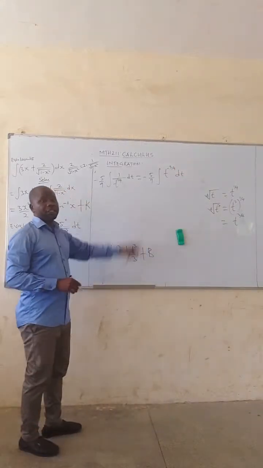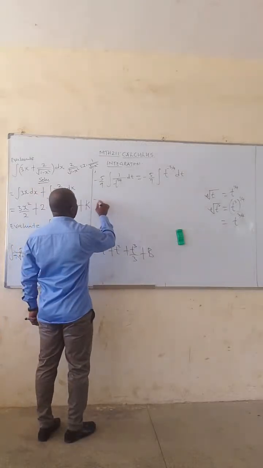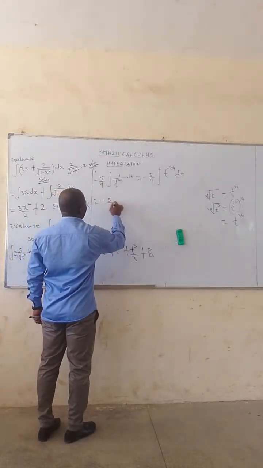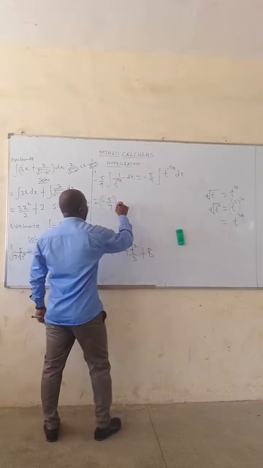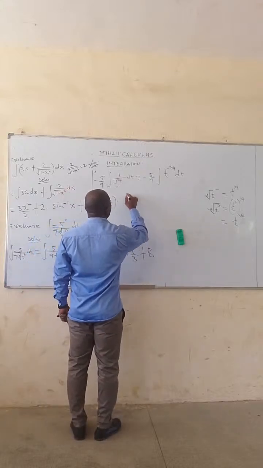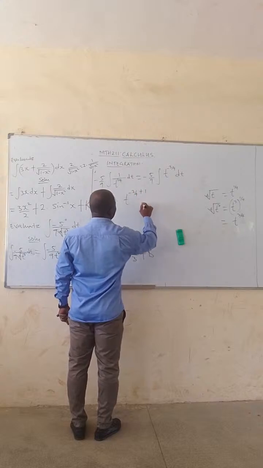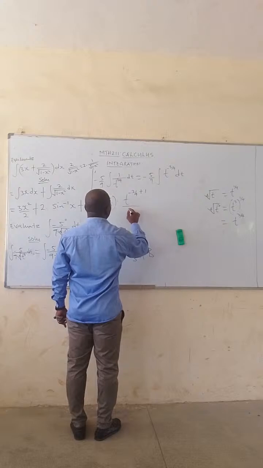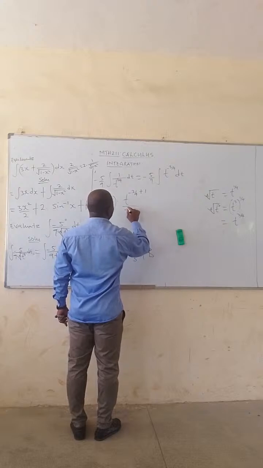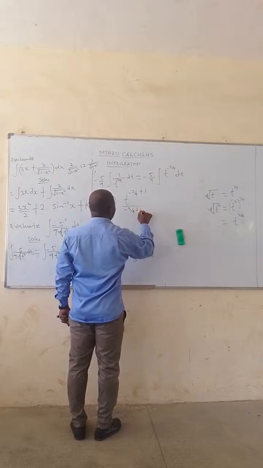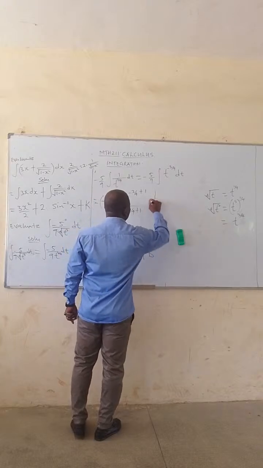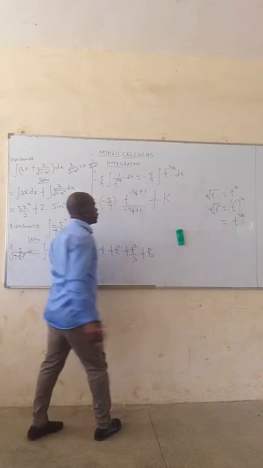So let us integrate. If we integrate, we are going to have minus 5 times t raised to minus 3 all over 4 plus 1, all over minus 3 all over 4 plus 1, plus k. True or false?